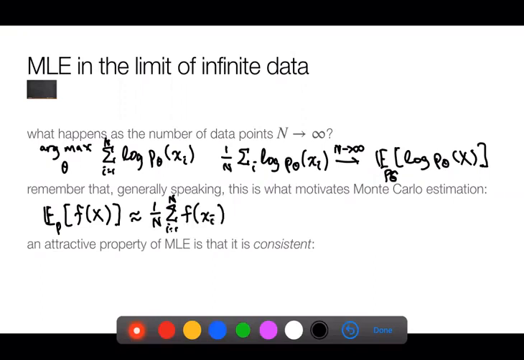And then just running those through f and then taking the average gives me an approximation of that expectation, if the observations that I'm getting, x1 through xn, are sampled IID from P.